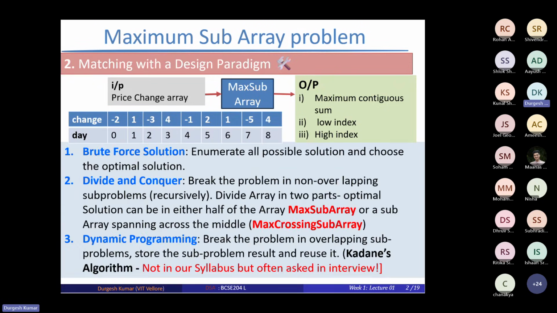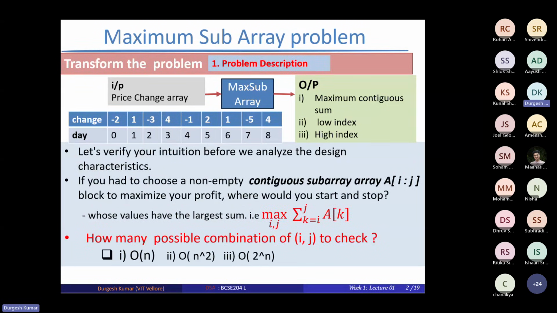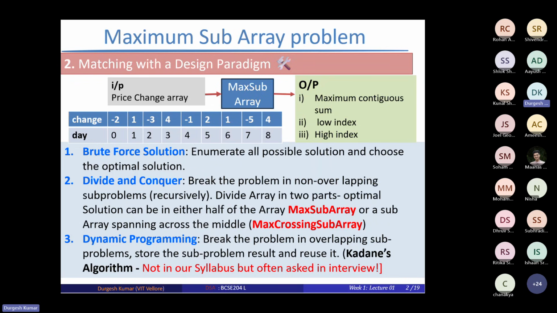So we can solve this using brute force, divide and conquer, and dynamic programming. We can enumerate all the possible i, j pairs and calculate the sum from i to j. That will give us the brute force solution. In divide and conquer, we break the problem into non-overlapping subproblems recursively, like dividing the array into two parts.